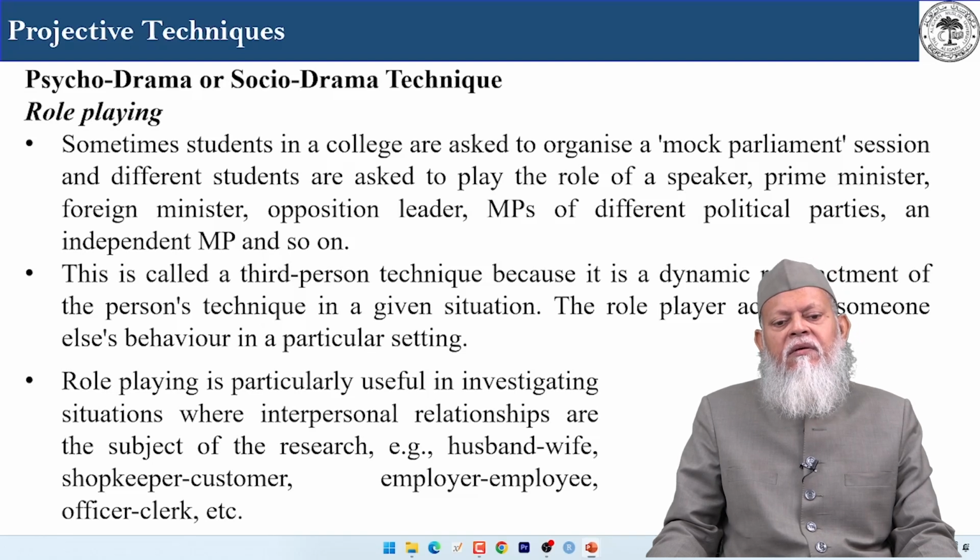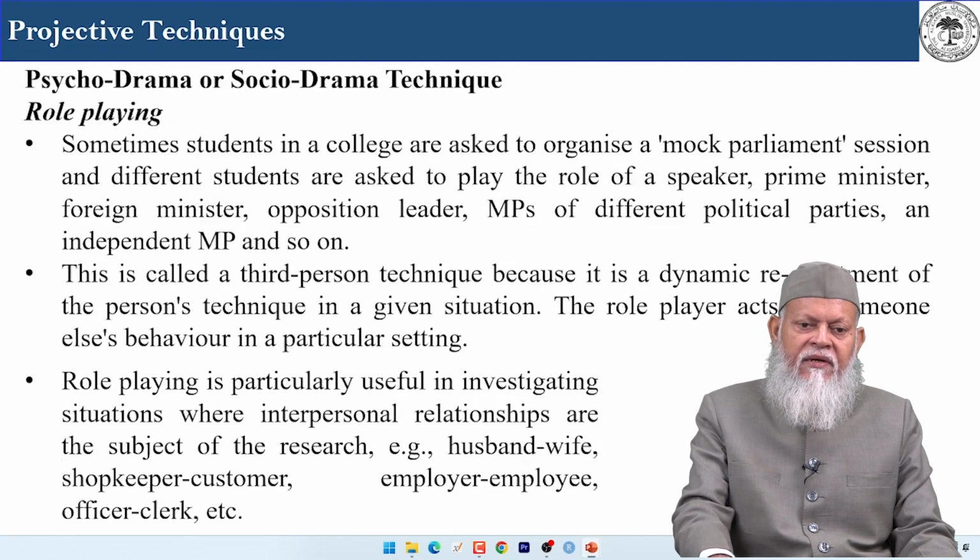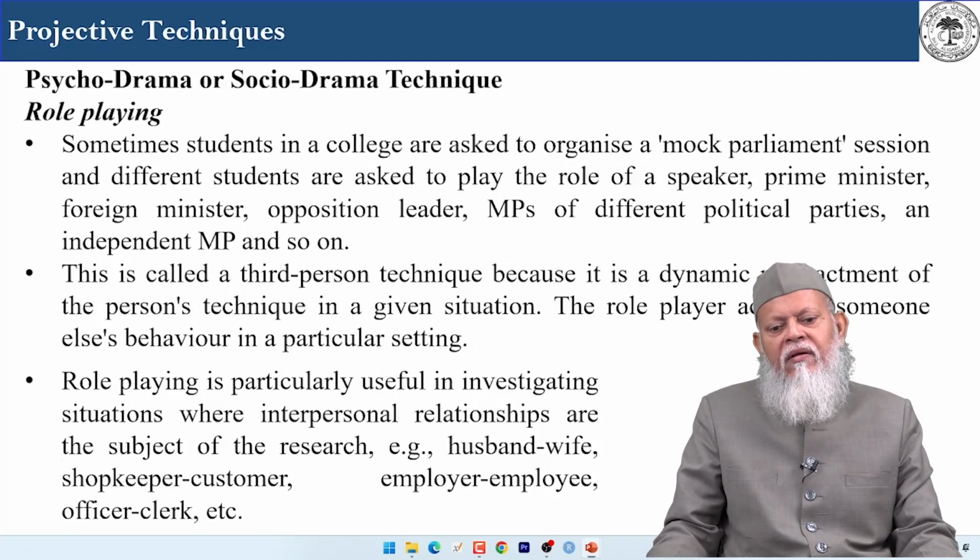Role playing is particularly useful in investigating situations where interpersonal relationships are the subject of research. For example, husband and wife, shopkeeper and customer, employer and employee, office clerk and officer, etc. These are the roles.